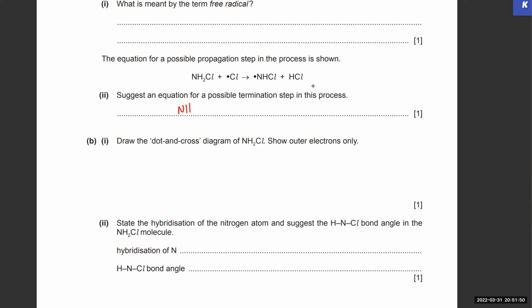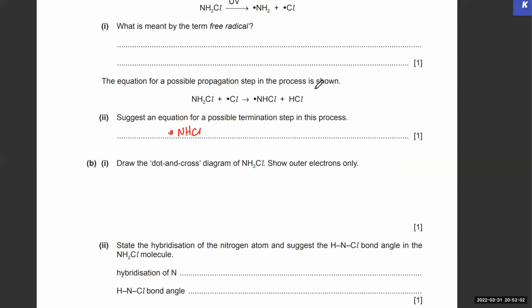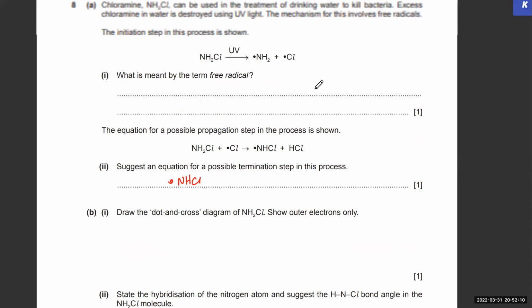If you remember, if you have NHCl, that's a radical, right? So a possible termination step: that's a radical, and you can have another one.